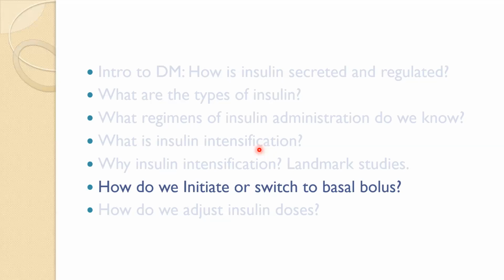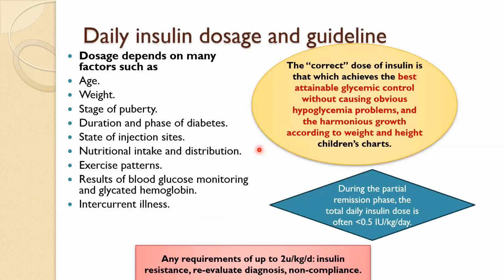So the next section is, how do we initiate or switch to basal bolus, having been convinced that these patients need to be on intensive therapy? Initiation of insulin on any child or adolescent is dictated by various factors. Some of these factors include age, in that patients who are younger will most likely require lesser doses of insulin.